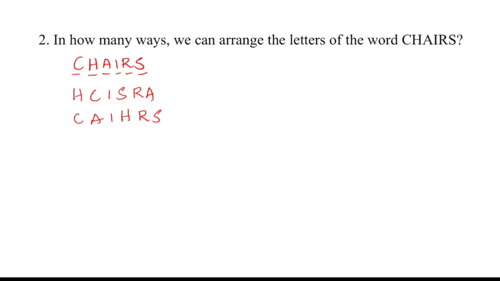So like this, in how many ways can we arrange? That is, the number of places is how much? 6. And the number of objects is how many? 1, 2, 3, 4, 5, 6. 6 objects. So 6 objects in 6 places we have to arrange. So in how many ways can we arrange? nPr. When the word arrange comes, it is always permutation.